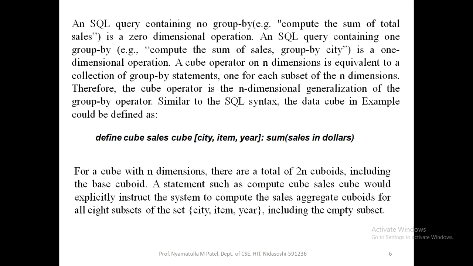Now, let us take an SQL query containing no group bys. For example, compute the sum of total sales is a 0 dimensional operation. That is, at the 0D apex cuboid, it is a 0 dimensional operation.